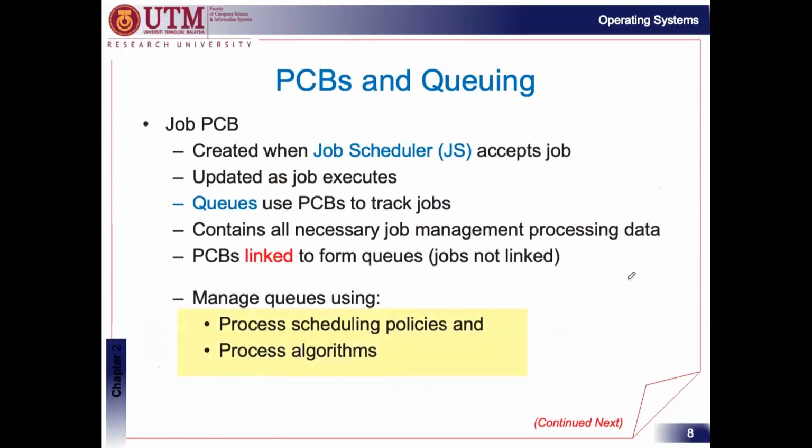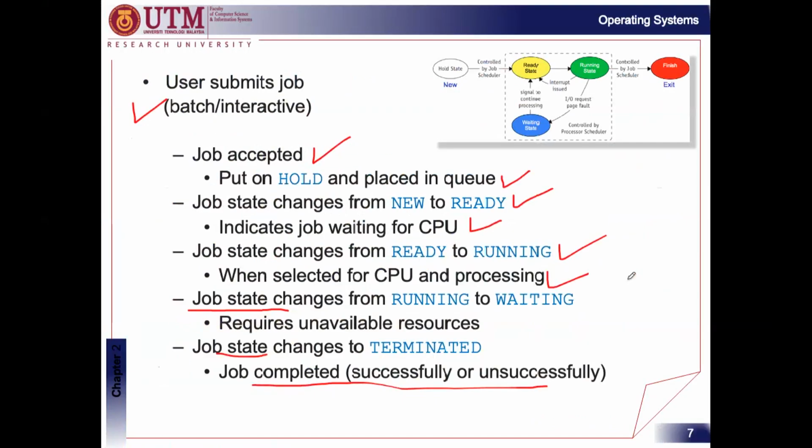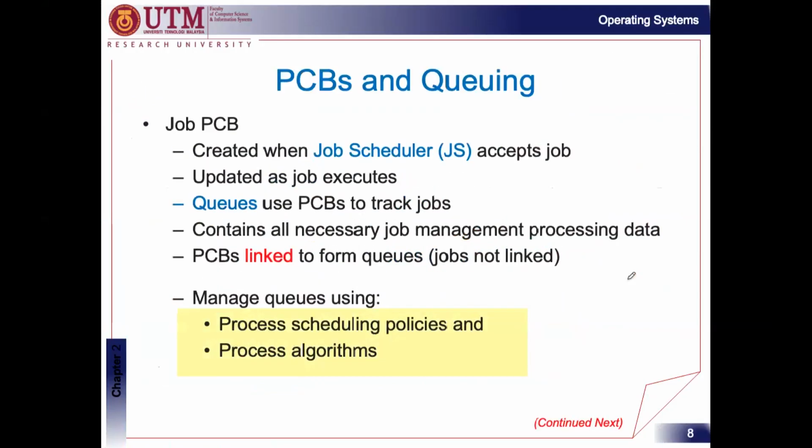Okay, PCB and the queue. Job PCB. PCB is the process control block. The job PCB is created when the job scheduler accepts a job automatically, and then updated as the job executes.